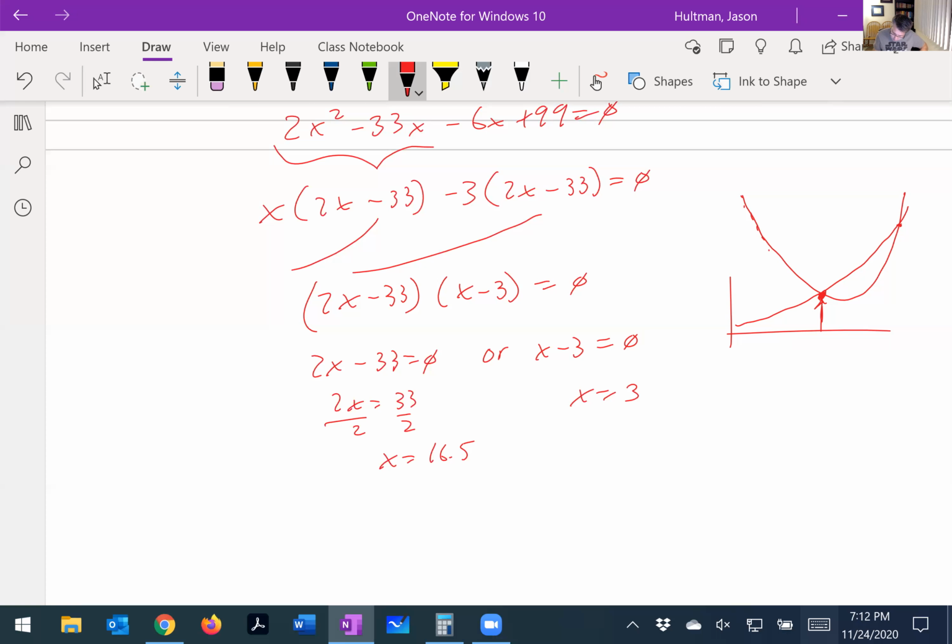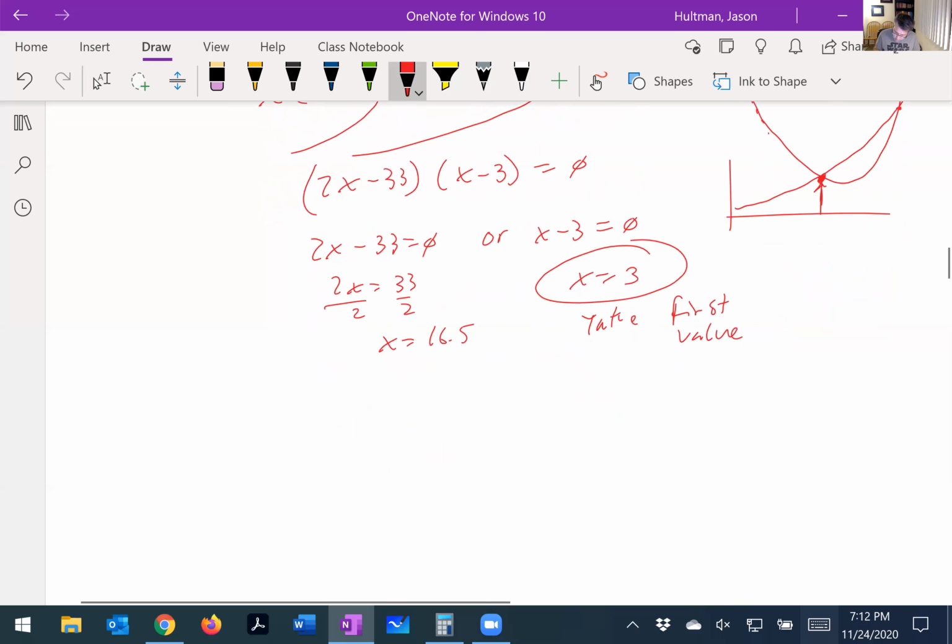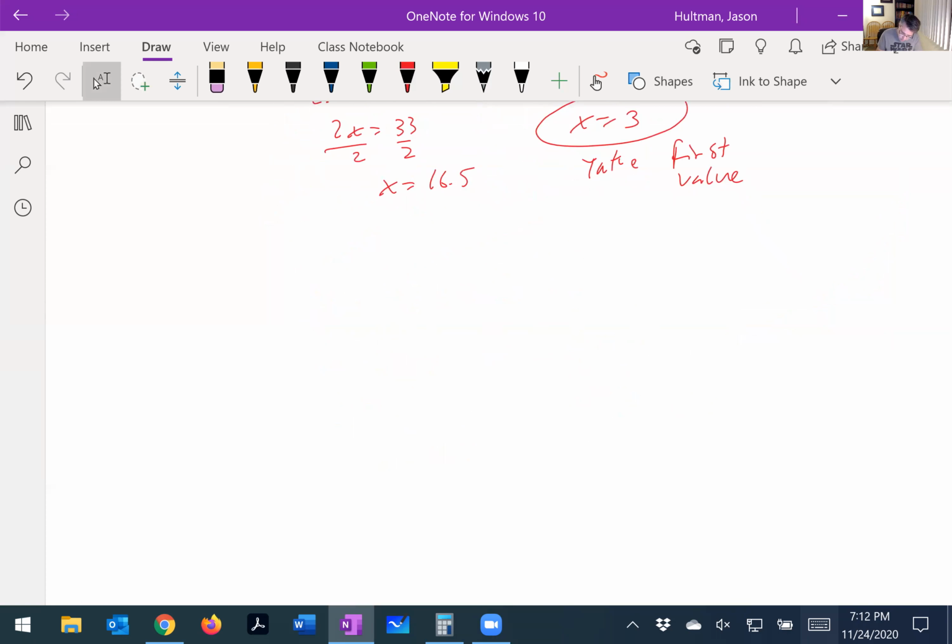So we're going to take this guy here. Take the first value. So x equals 3. x equals 3 is going to give me and the supplier the best result. So for x equals 3, 3 is the quantity.